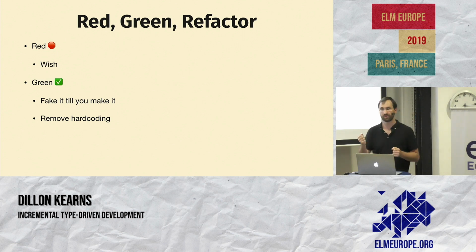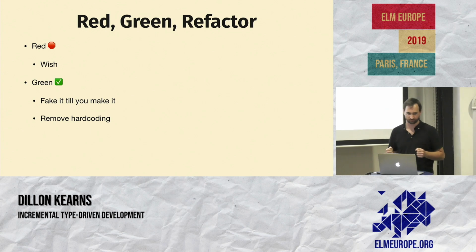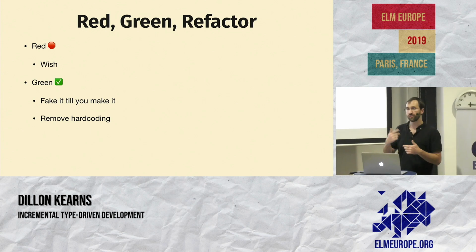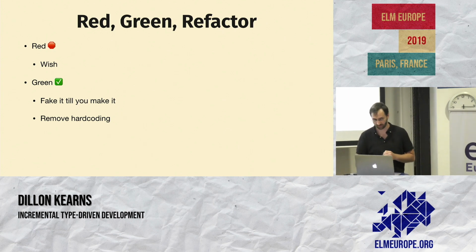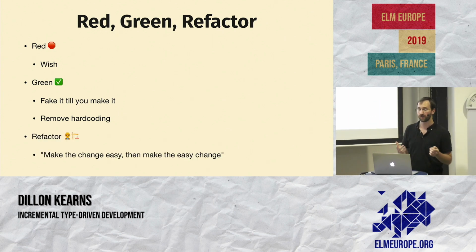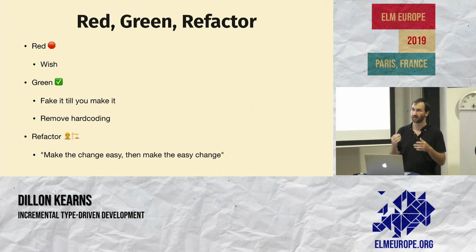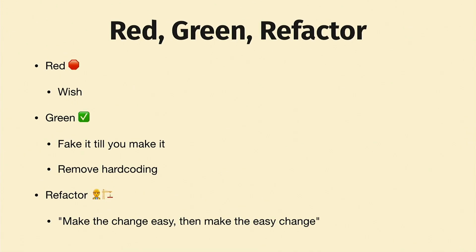In this case, to get the compiler passing again. And then you go through and you remove that hard coding once you've gotten it to a green state as quickly as possible. And along the way, it's often very helpful to make lots of tiny refactorings. So make the change easy so that you can then make the easy change. So we'll be using that technique a lot.